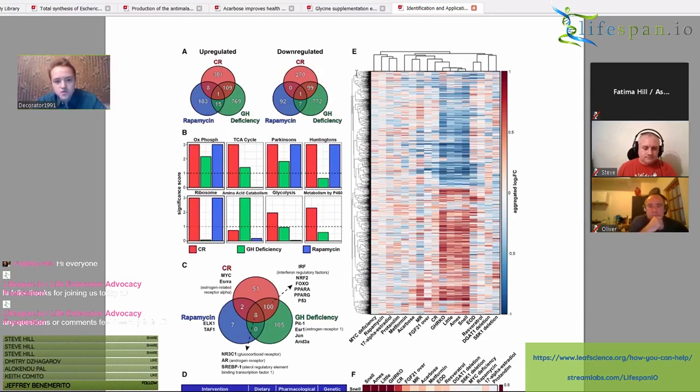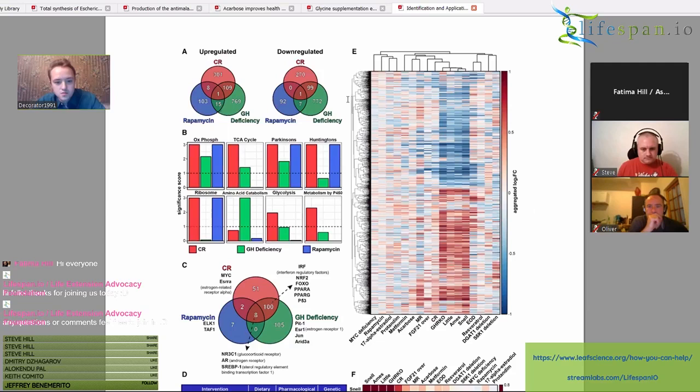The main reason for that was just to validate the method, because caloric restriction was previously analyzed by some groups at the meta level, by aggregating different datasets, and we wanted to see if our results were well correlated with the results of those groups.